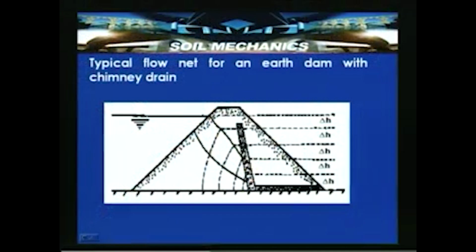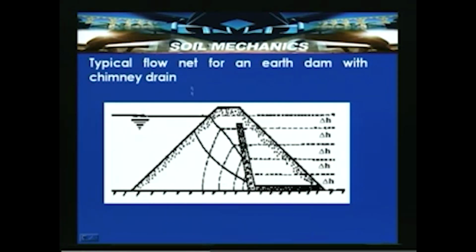Here again the chimney drain is constructed with a particular type of selected material, and we can have a filter so that it serves the function. In this case, there are 2 flow channels, and this qualifies as a flow line. This particular boundary is treated as impervious, and this qualifies as an equipotential line with head 0.